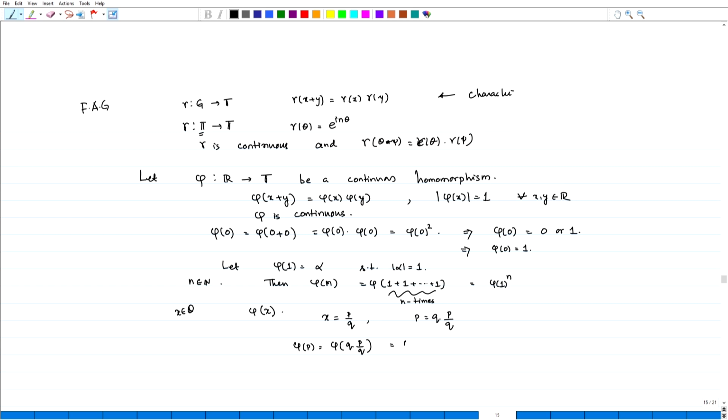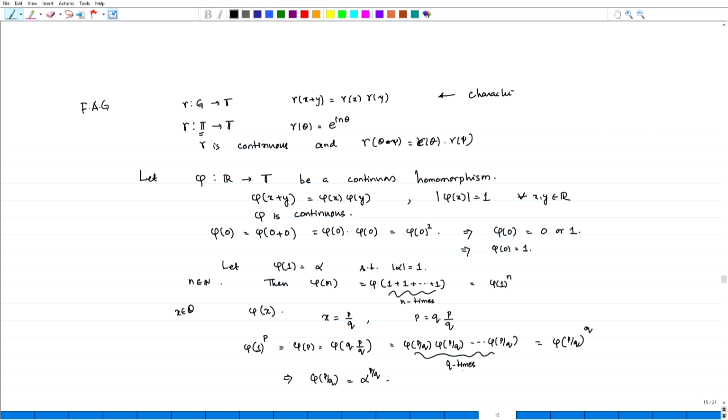Therefore, this is going to be the product of phi of p by q, q times, which is equal to phi of p by q to the power q. Now, p is a non-negative integer, so phi of p is, as we have observed earlier, alpha to the power p. Therefore, phi of p by q is equal to alpha to the power p by q, where alpha is phi of 1.